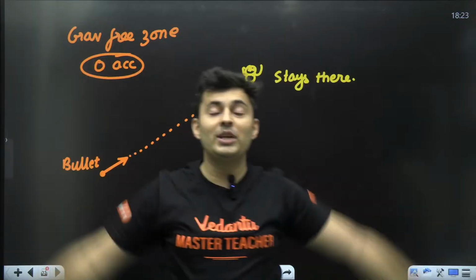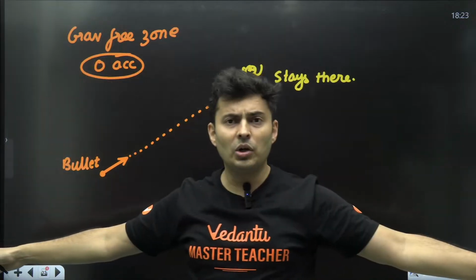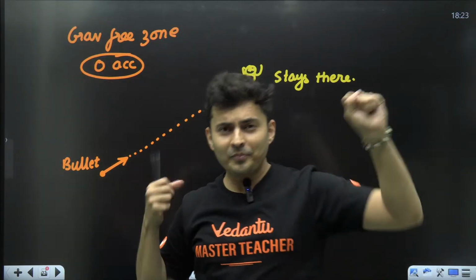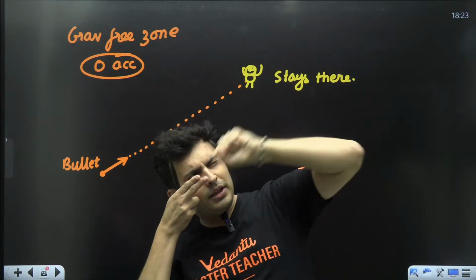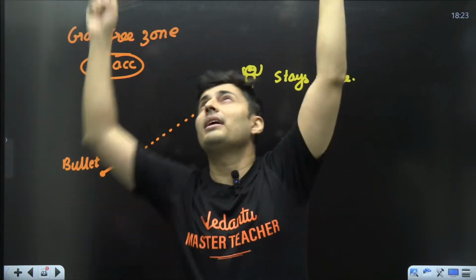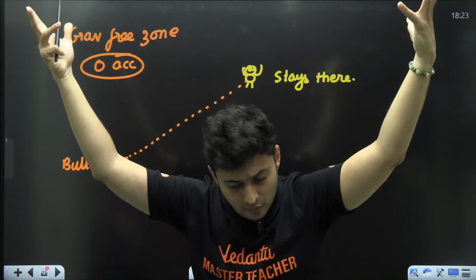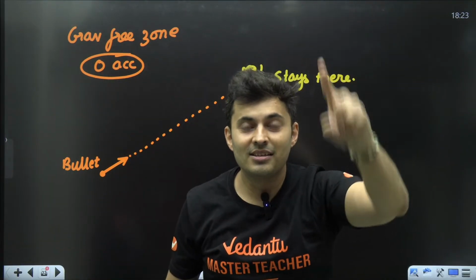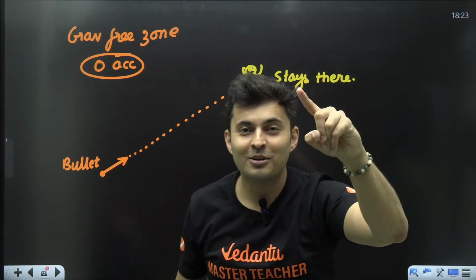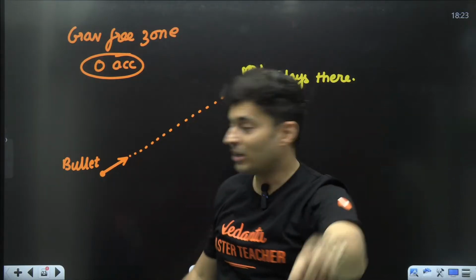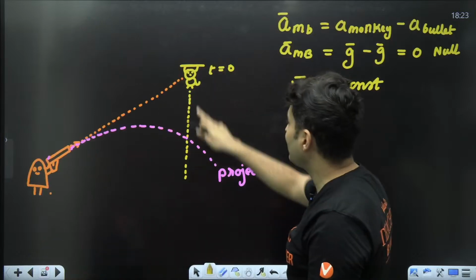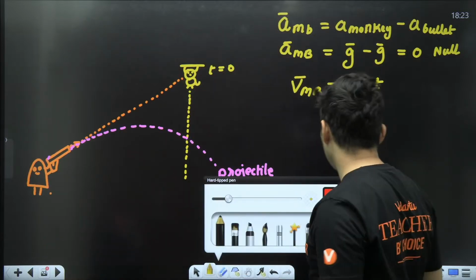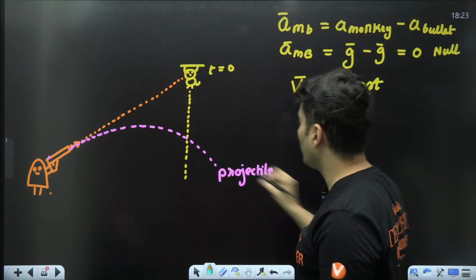Imagine a gravity free space, no gravity at all. You aim at the monkey, bullet, zoop, monkey leaves the hand, nothing happens, the monkey doesn't fall down, the monkey gets hit by the bullet in that zero acceleration zone, no relative acceleration. Same thing will happen here also. So you will see the monkey will get hit 100%. So there will be a collision.